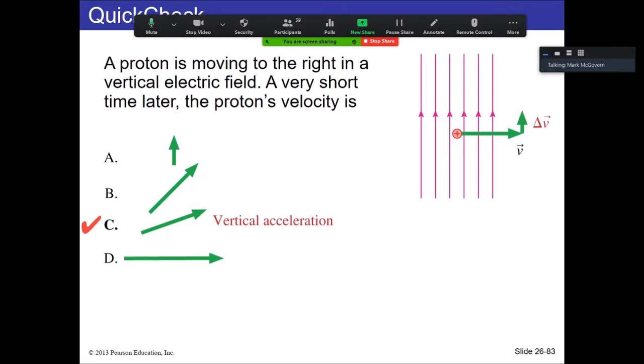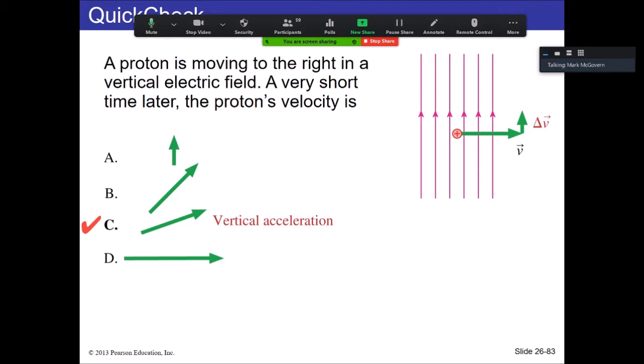So its horizontal speed should not change. If you look at the vector in B and the vector in C, the question you ask yourself is: is the horizontal component unchanged? That's true in C, but in B, it looks like that horizontal component shortened up a bit, which should not be happening. That's why it's C.